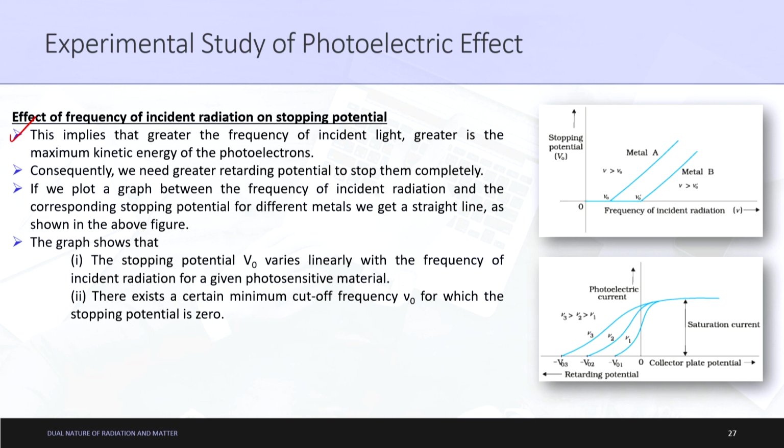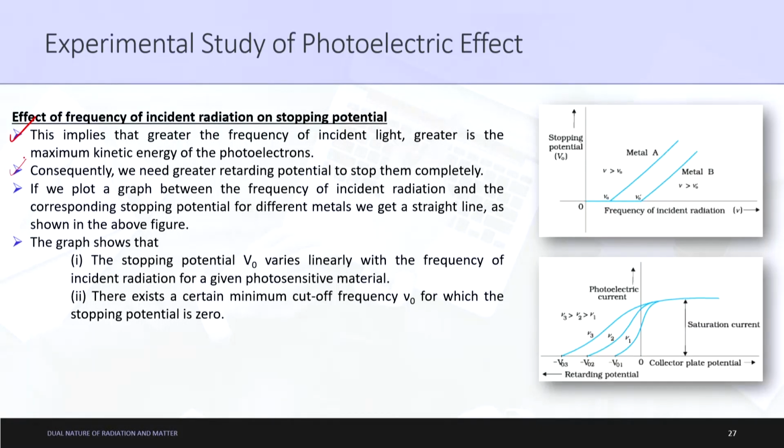Quite evident, because if the energy is more, then the push required to stop something is more, since more energy requires more force to stop it. Similarly, as the frequency increases, the kinetic energy increases, and as the kinetic energy increases, the retarding potential required to stop the electrons is higher.